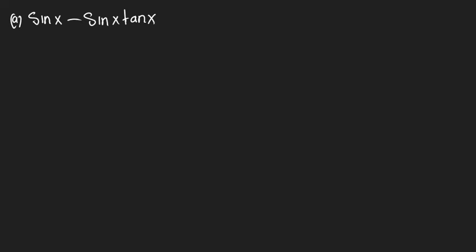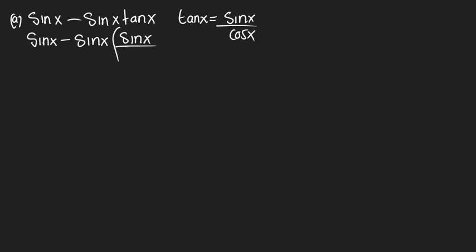It's the tan x, because we know that tan x is a common trig identity of sine x over cosine x. So this can also be written as sine x minus sine x, open bracket, then sine x over the cosine x, right?